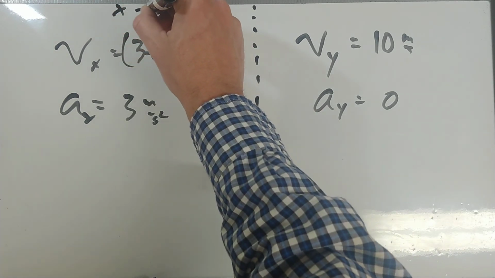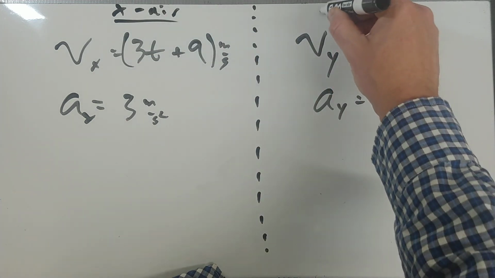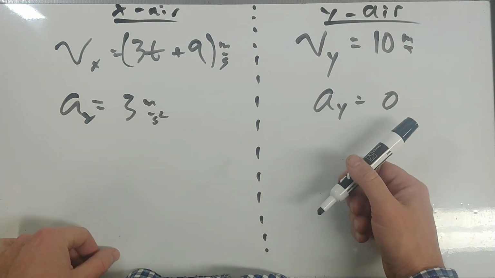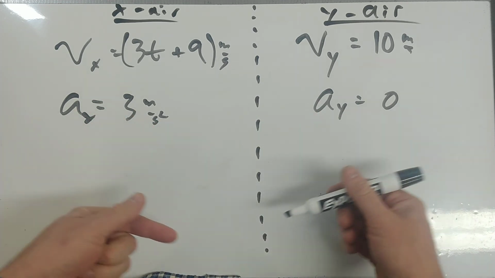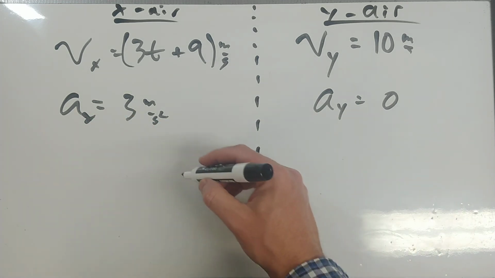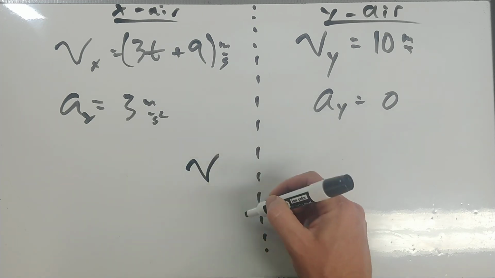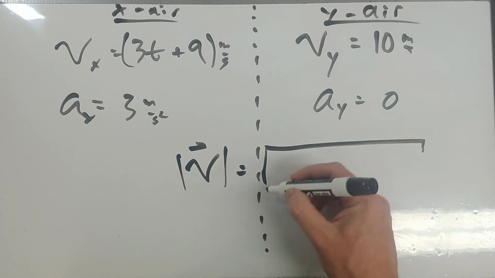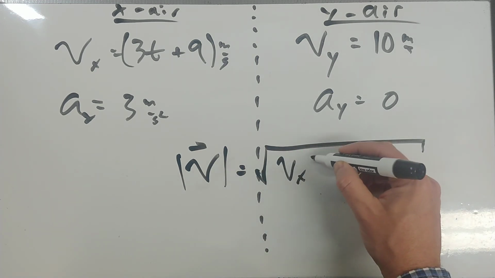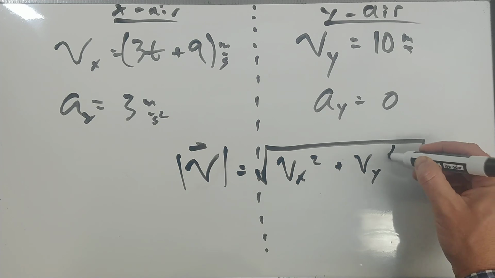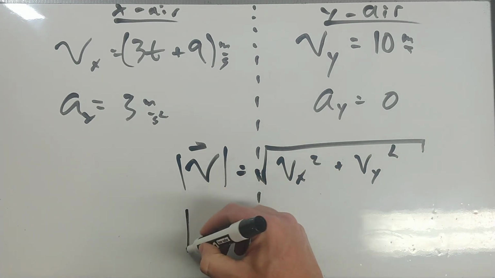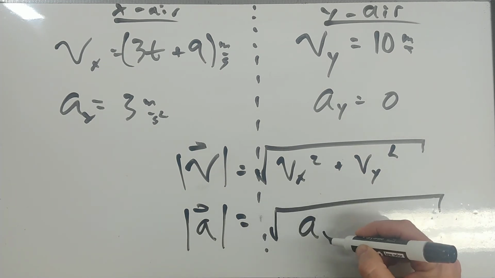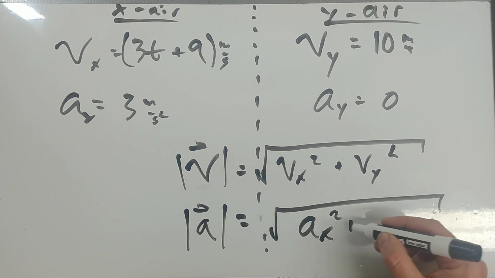You just have to keep track of the x direction and the y direction simultaneously, separately, and then recombine them, with the magnitude of the velocity equal to the square root of the components squared. The magnitude of the acceleration is equal to the square root of the components, ax, squared.